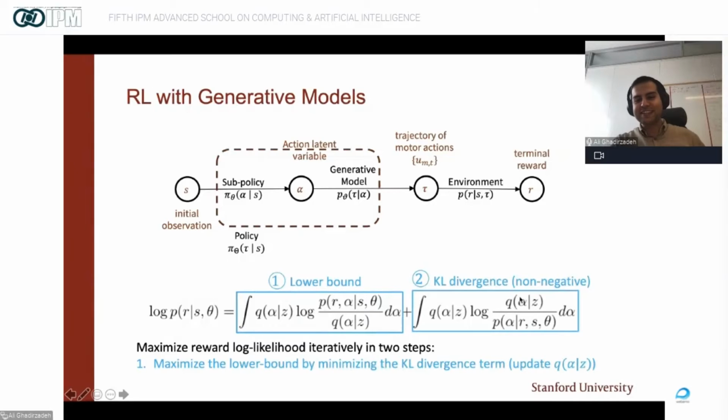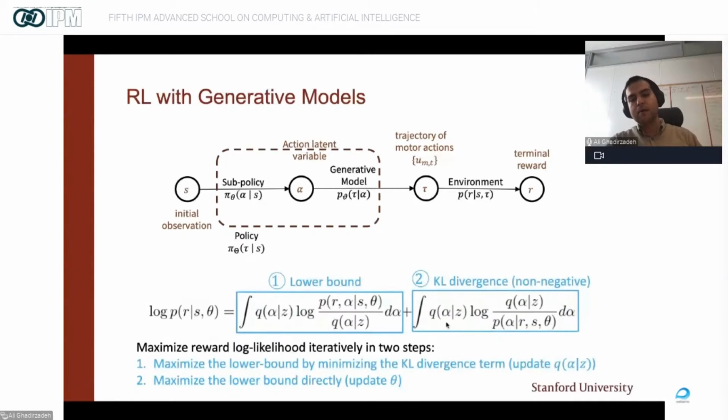by minimizing this term, because this is a non-negative term. If you minimize this with respect to Q, since this term is not dependent on Q, and the left-hand side is fixed, minimizing it will actually increase the lower bound. So the first step, we're maximizing the lower bound indirectly by minimizing the second term with respect to Q, the variational distribution.